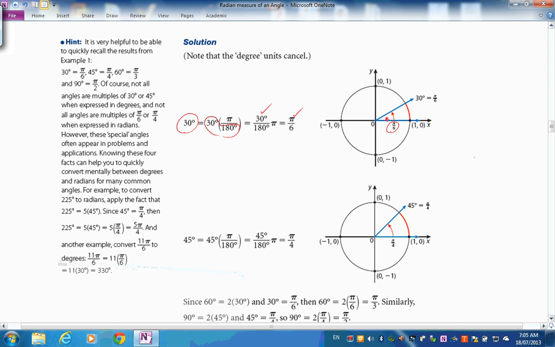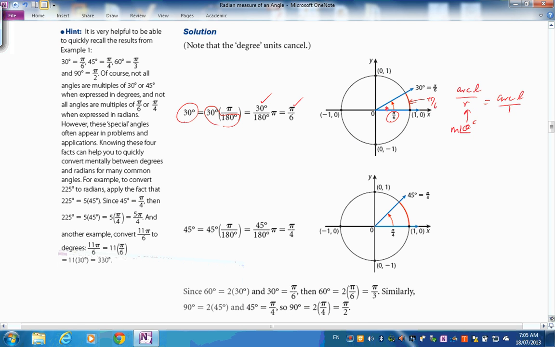And in the unit circle, that would be a length of pi on 6, because arc length over radius in the unit circle is equal to just the arc length over 1. And this is the measure of angle theta in radians. So, if you get pi on 6, you've got the arc length directly.